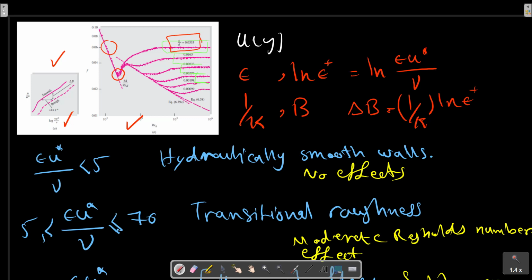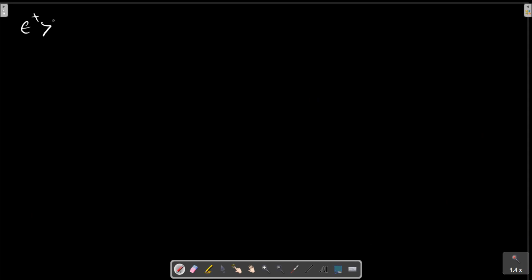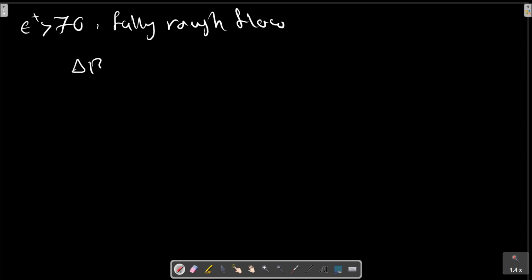For fully rough flow, as we said, for epsilon plus greater than 70, fully rough flow, the log downshift delta B can be calculated from this relation, and the logarithmic law, let me write, for fully rough flow.